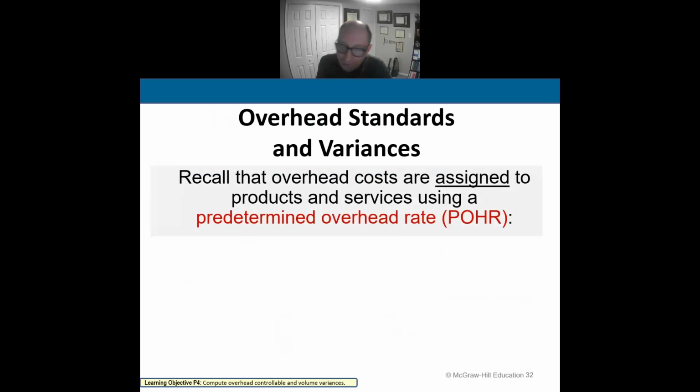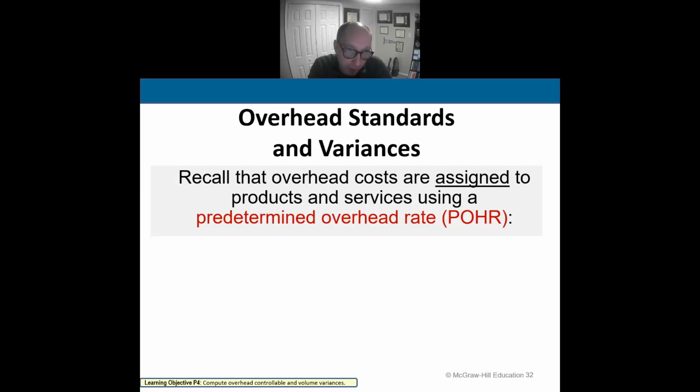So we talked about materials variances, we talked about labor variances, and now, of course, you guessed it, we're going to talk about overhead variances. Overhead variances are the differences in overhead cost. Oftentimes, and we talked about this before, the overhead rate is usually predetermined.